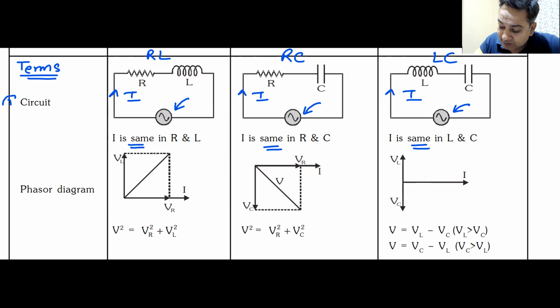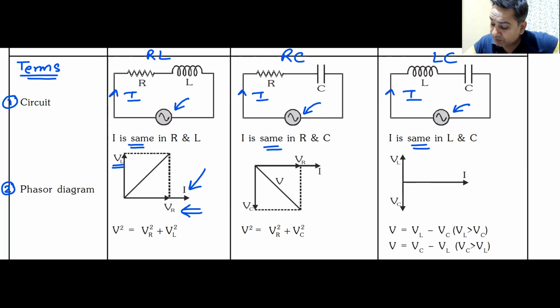We had already discussed point number 1. I hope you all remember this. We have already discussed all these points. What we are going to do here is just write all these points together. Point number 2 is the phasor diagram. In the phasor diagram for the LR circuit, VR is in phase with current, but VL is 90 degrees ahead of current.